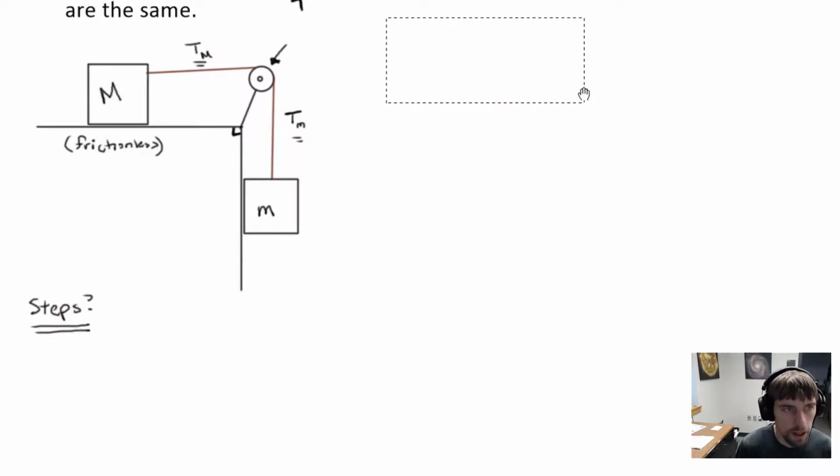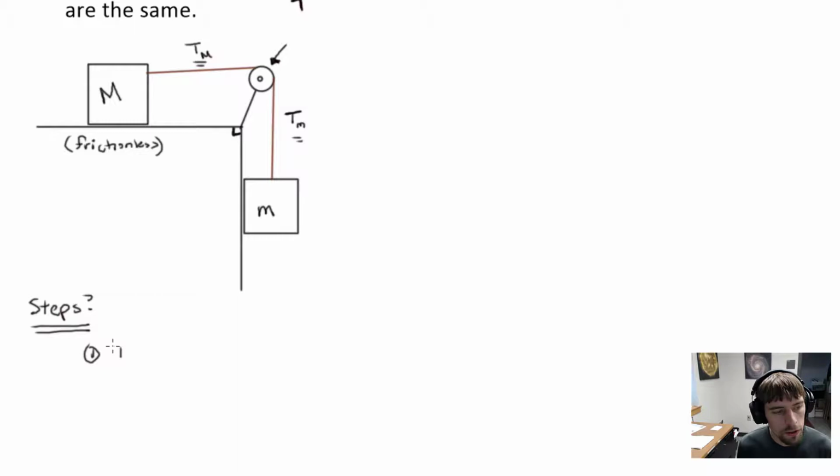So if you see that, then that guides you in your steps. Step one, let's go ahead and find the tension in the hanging rope. Step two, we'll find the tension in the upper rope. And step three is find the angular acceleration.